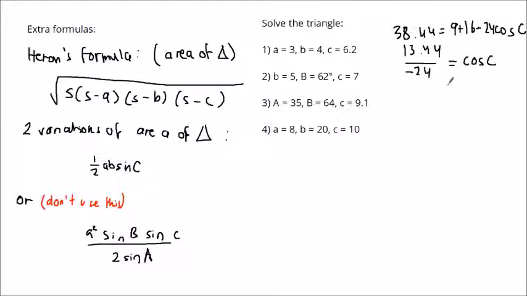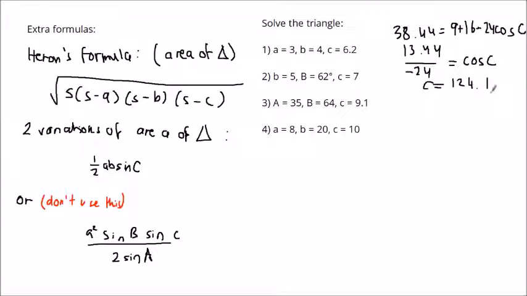Okay, so we have minus 34. Actually, no, that's sine. I use cosine. I'm an idiot. 13.44 divided by 24 is 0.56, and then take the inverse cosine. 56 degrees. And that doesn't make sense actually because it's a negative number and I didn't put negatives in there. 55.9. So we have 124.1 degrees.